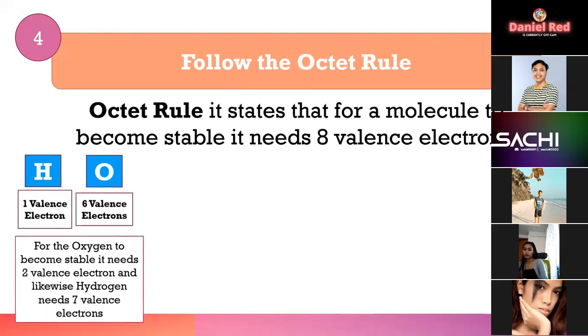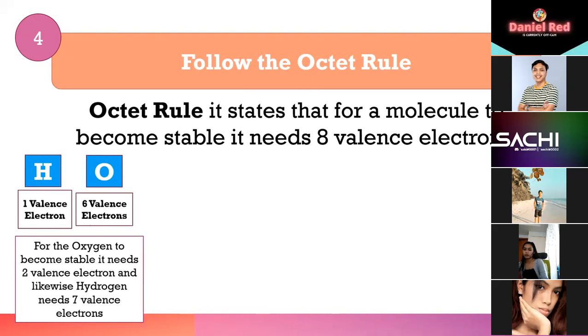For the oxygen to become stable, it needs 2 valence electrons, while hydrogen has only 1 valence electron. Kaya kakailanganin ulit ni oxygen ng isa pang hydrogen element para mabuo niya yung 8 valence electron at para masabing isa siyang octet rule.